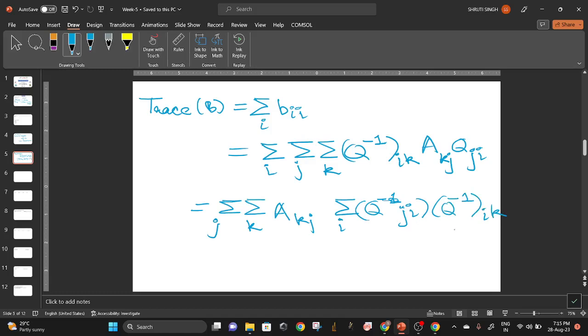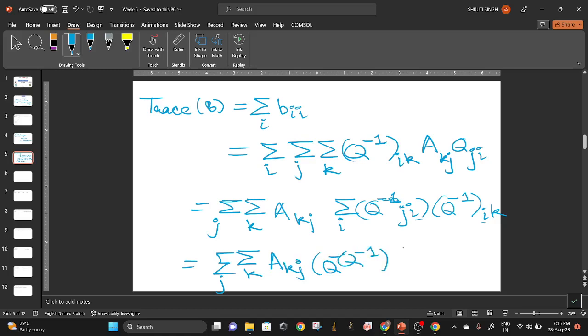Now this can be multiplied because this index and this index are the same. So this will be summation over j, summation over k, Q times Q inverse jk after multiplication.